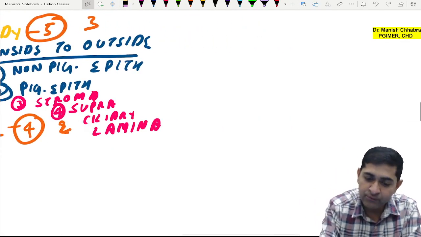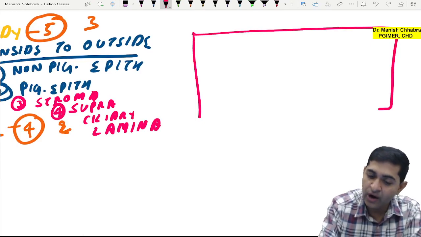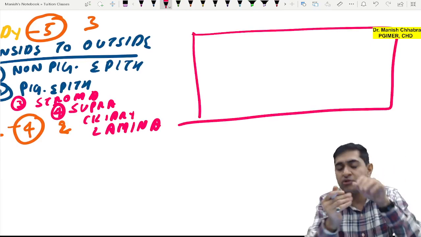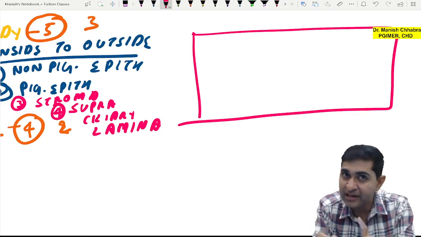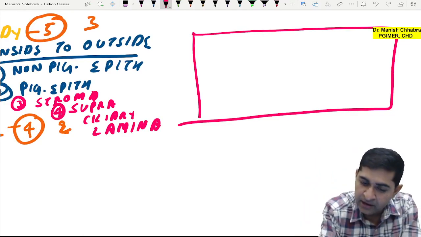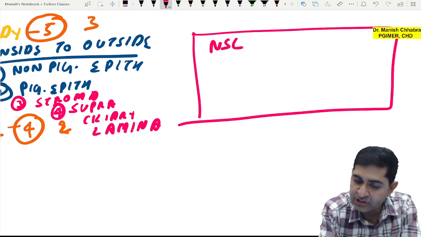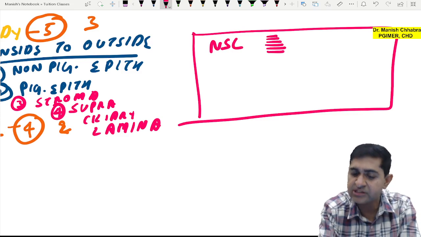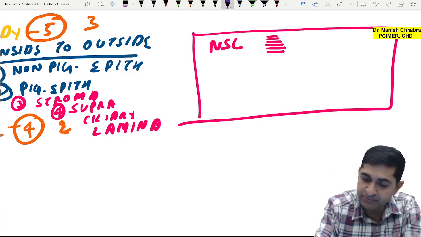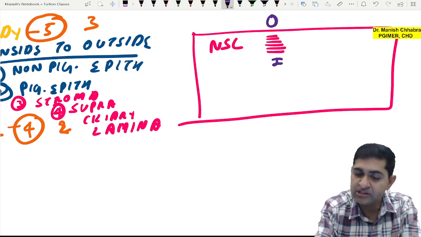Now I am going to upgrade it a little bit. So I told you, if we talk about the retina, the inner 9 layers, the neurosensory layer. Now the neurosensory layer means first layer, second, third, fourth, fifth, sixth, as such 9 layers. So this is the inner part, this is the outer part.